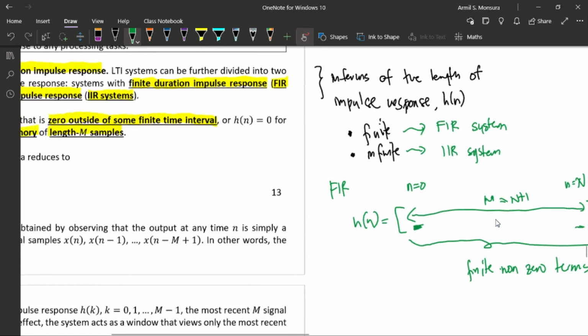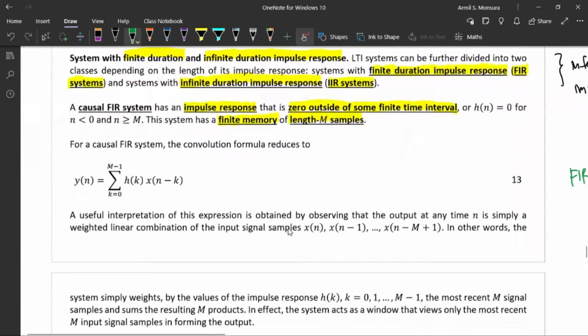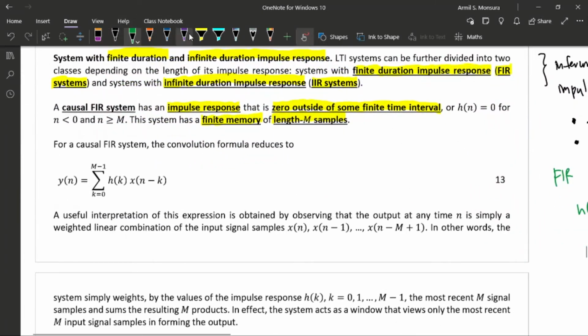So now, if your system is causal and also FIR, the convolution formula reduces into this formula.